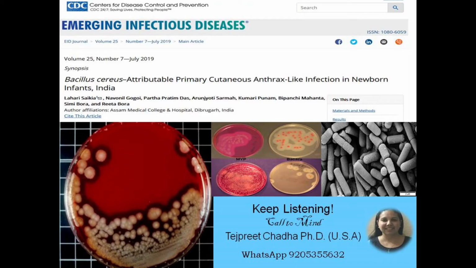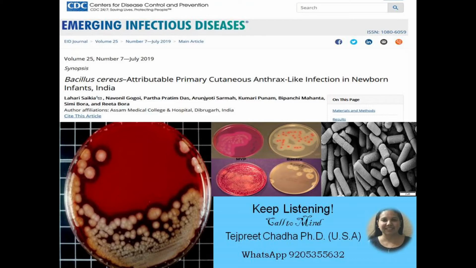And of course, with nosocomial infections, we are looking at the hospital setting, where they are discussing systemic infections. So besides food poisoning, Bacillus cereus induces local and systemic infections.